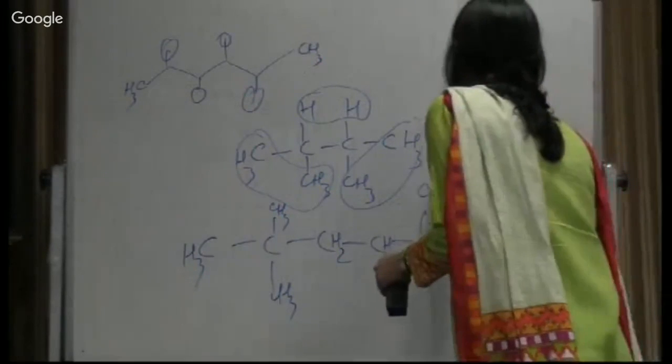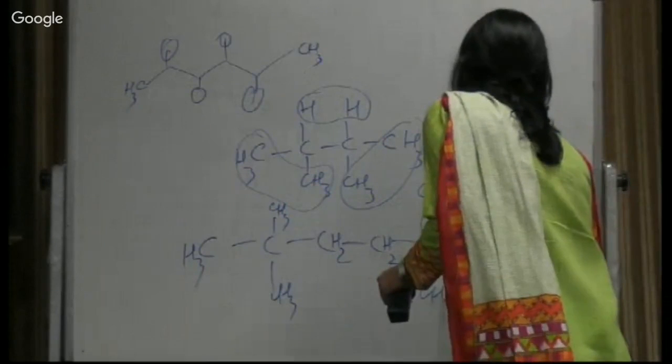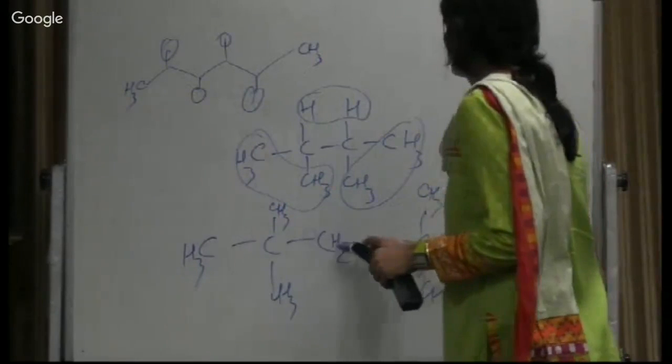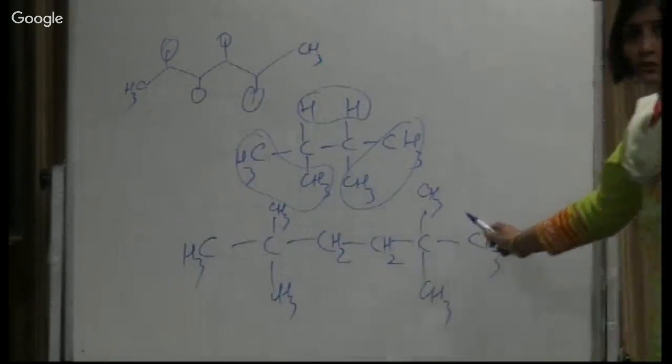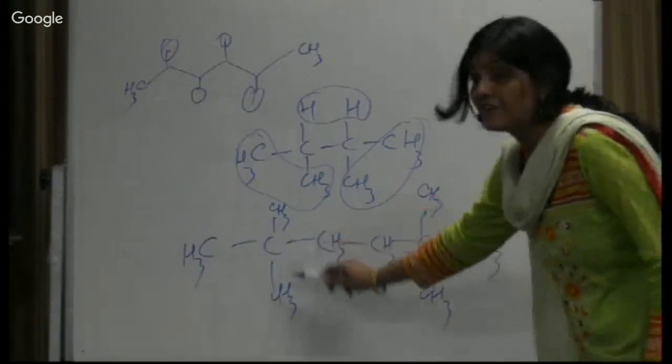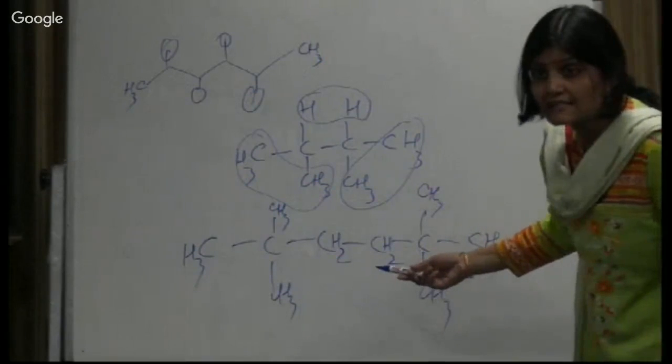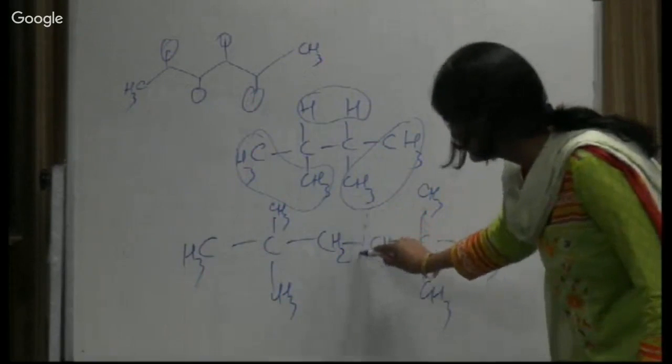Write the product. That is it. 2,2,5,5-tetramethyl hexane. So cut it at the center.